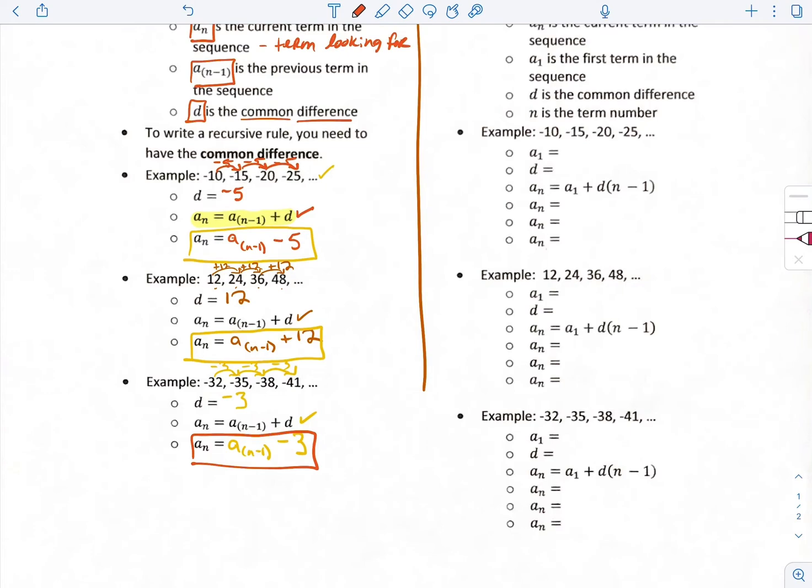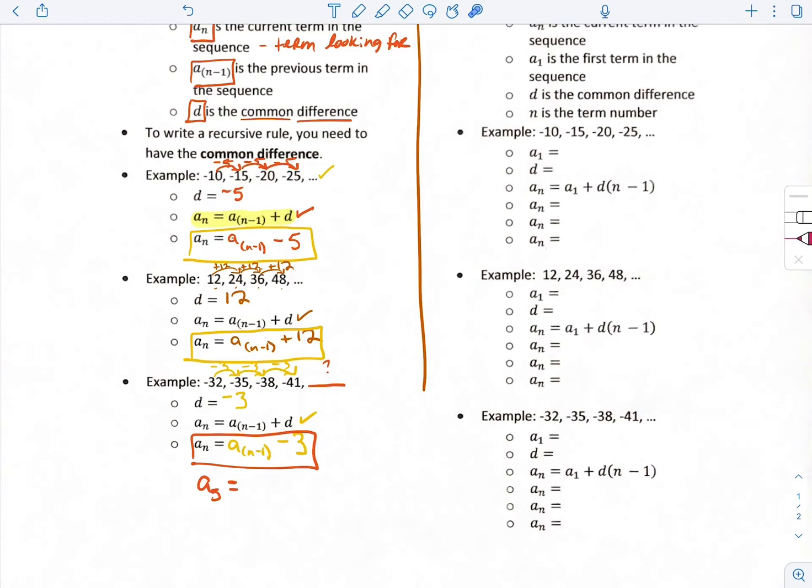Now let's talk about its application. So we have our first term, second term, third term, fourth term. Let's say we want to find the fifth term, A5. Remember, we take the previous term.